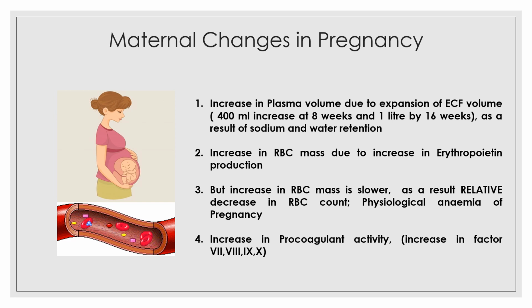There will be an increase in the RBC mass due to increased erythropoietin. But the increase in RBC mass is slower. As a result, the volume increase will be much faster and there will be a relative decrease in RBC count, and this is known as the physiological anemia of pregnancy.